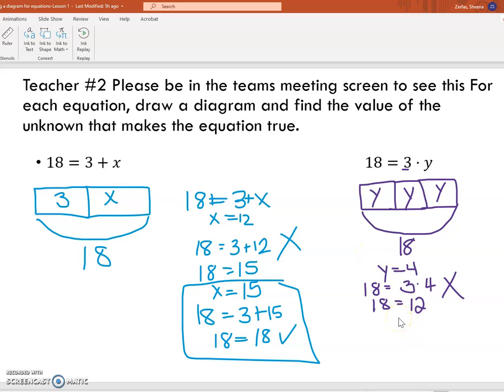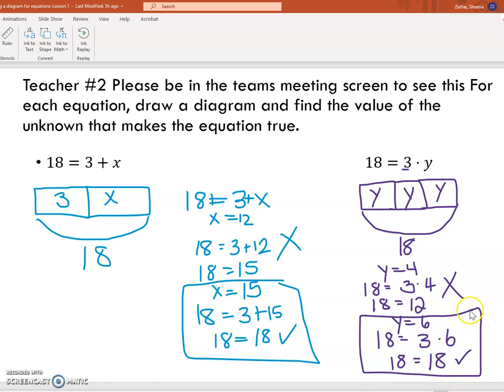So I choose a different number until I get to the point where it is true. Let's try y equals 6. So again, 18 equals 3 times the new value for y, which is 6. If you check, 3 times 6 does give me 18. So again, I'm going to box this as my solution.